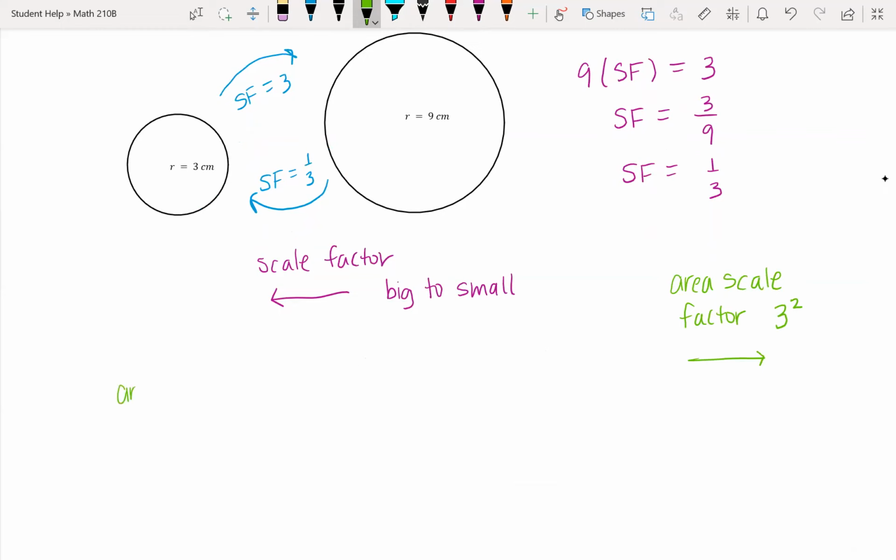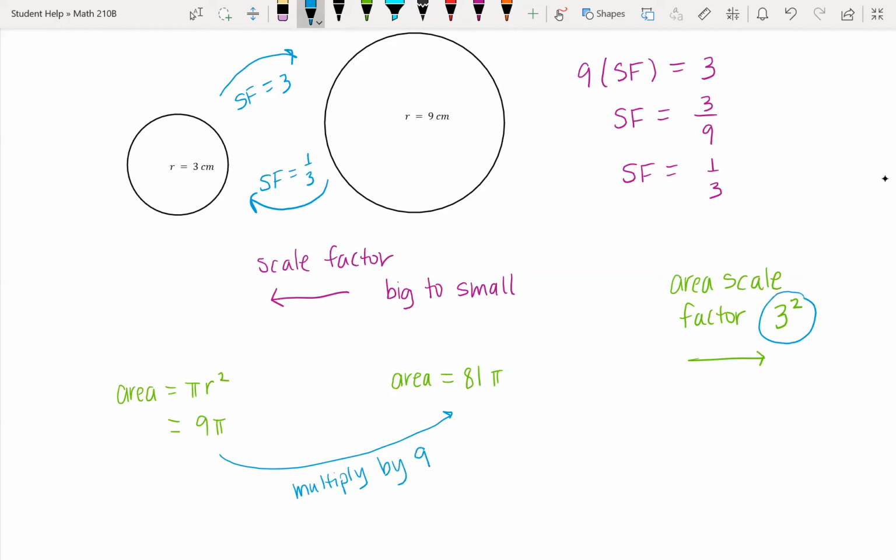The area is pi times the radius squared, or 9 pi, right? Area over here is 81 pi. If I compare these two, going this direction, I would multiply by 9. And that matches up with what we think the scale factor would be for area.